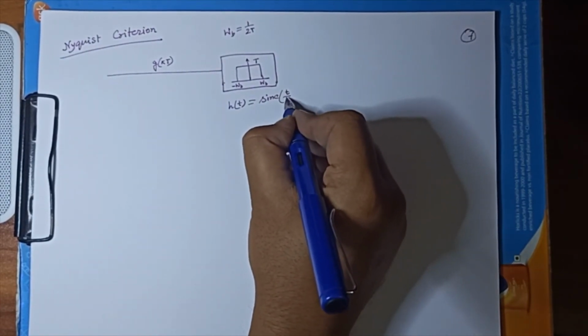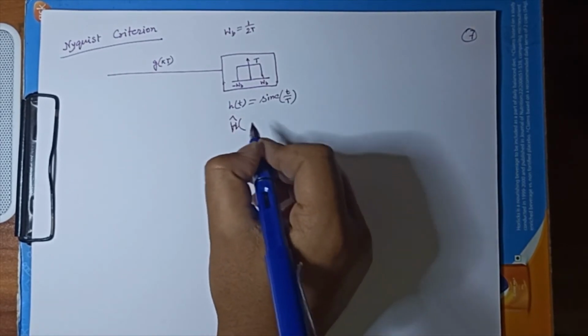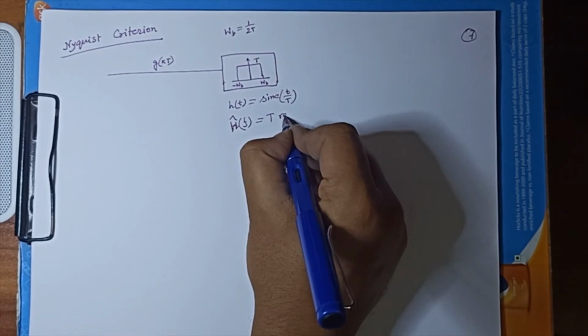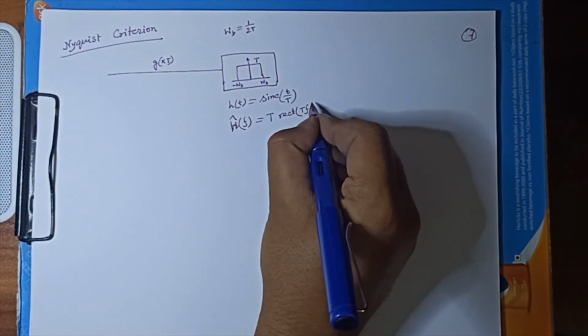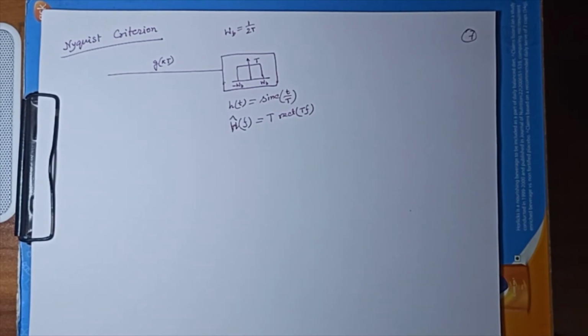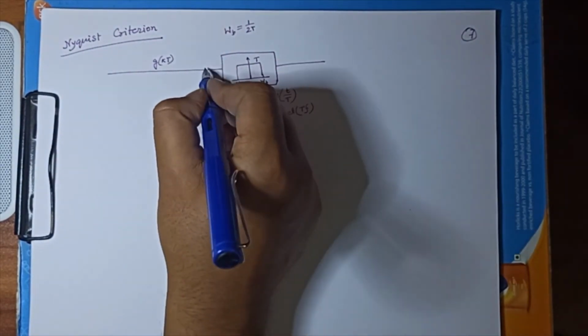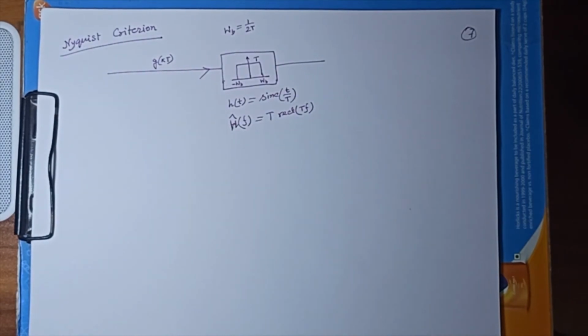The corresponding spectrum, I can write it as H(f) to be T rect(Tf). So suppose this is coming, and this is the impulse, this is the ideal filter.